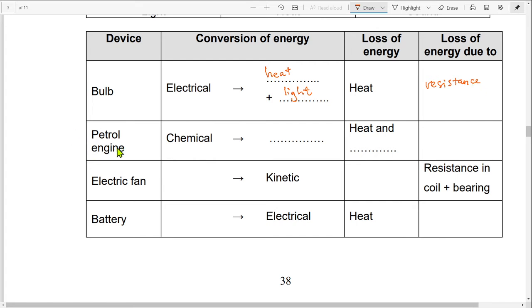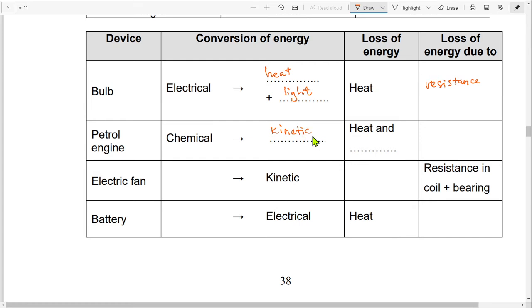Okay, petrol engine. You use petrol, so that will be chemical energy. Okay, if you use diesel, it's also chemical energy. So what happened to this chemical energy? It will be converted, transformed into kinetic energy, because you are going to move the engine or the part in the engine.